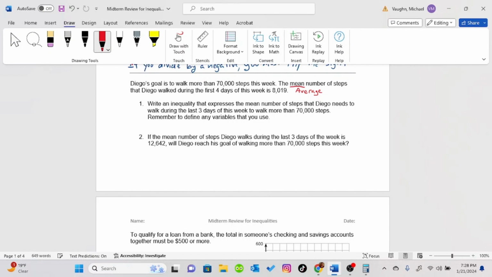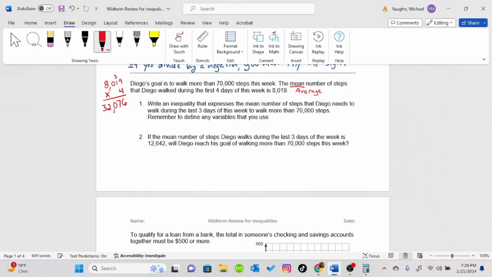So we can say 8,019 times 4. 4 times 9 is 36. 4 times 1 is 4, plus 3 is 7. 4 times 0 is 0. And 4 times 8 is 32. So we know that Diego walked 32,076 steps total during the first 4 days.